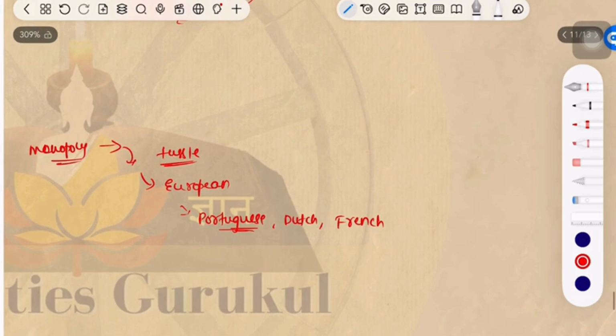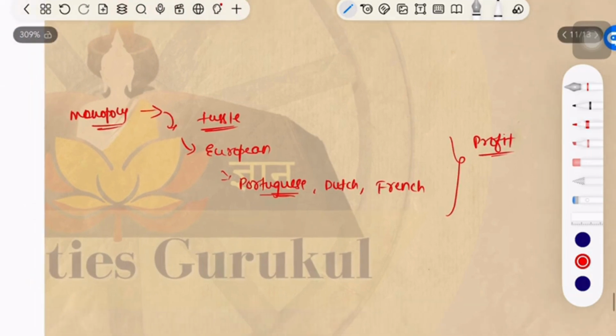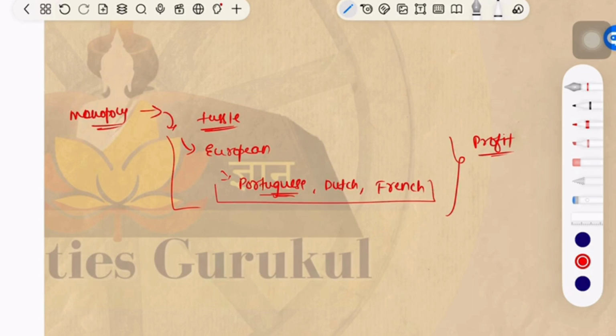All these European trading companies had the motive of making profit, but just to make profit, they had to fight among themselves. Why? Because of the concept of survival of the fittest: whoever is more powerful can survive and exploit this profit in a better way.